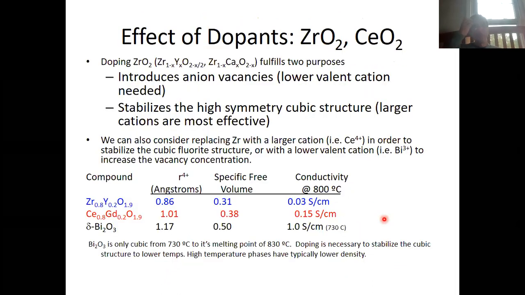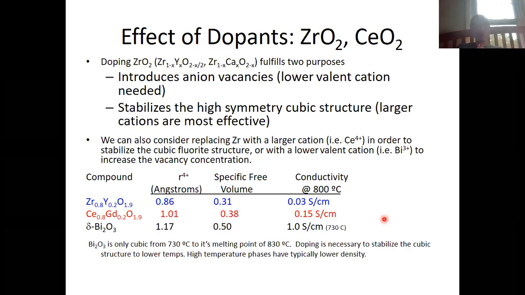Therefore, zirconium oxide is typically doped, and that doping fulfills 2 purposes. The first one is it stabilizes the high symmetry cubic structure, okay, so that it can exist at lower temperatures.